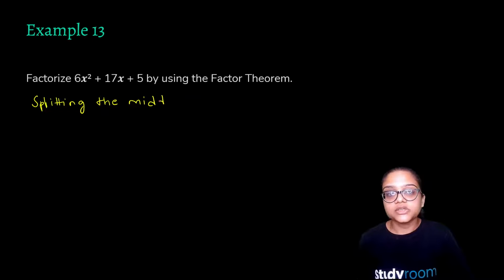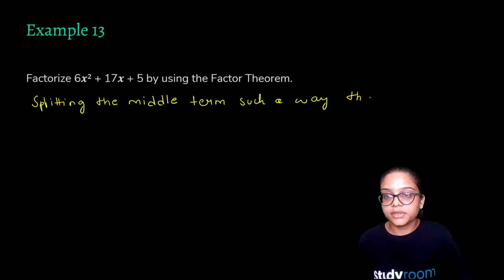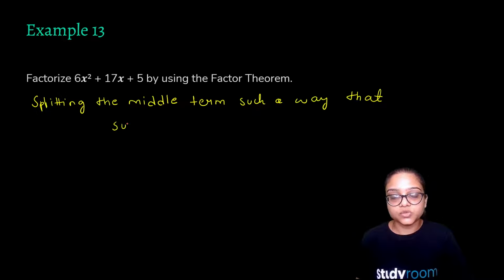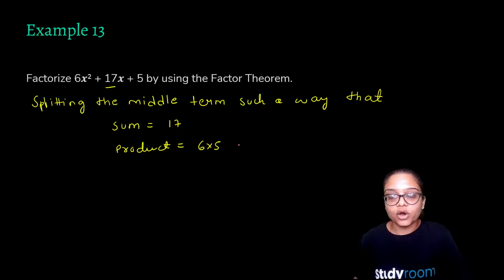So, splitting the middle term. There are two rules for the splitting. The middle term coefficient is the sum of two terms we need to find, with the sum equal to 17 in this case. And the product should be equal to, in this case, 6 into 5, or in general a into c, with the sum equal to b for a polynomial of type ax square plus bx plus c.